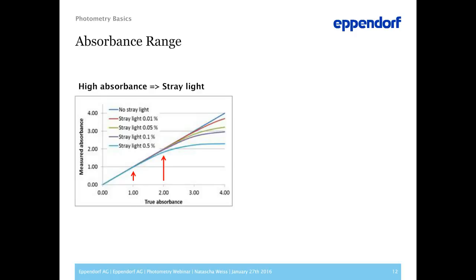The curves of measured absorbance will start flattening the earlier, the higher the stray light component of the photometer. This means that the concentration of high absorbing samples will be underestimated. According to this example, readings up to 1 are perfectly linear. Devices with a low stray light rate may also give reliable values up to 2 or 3 absorbance units.